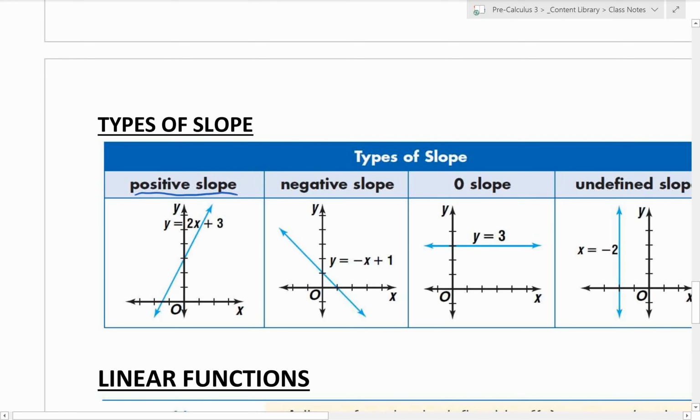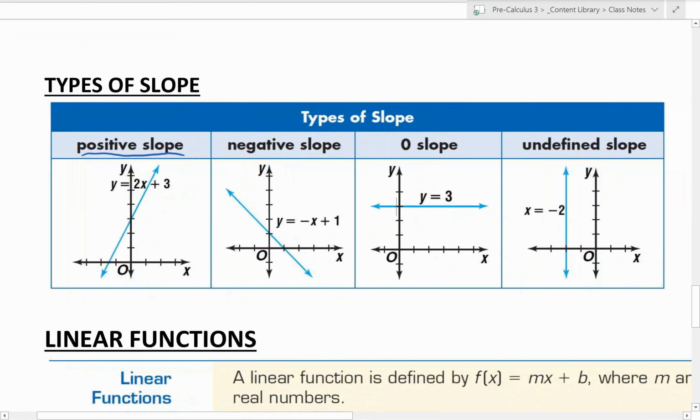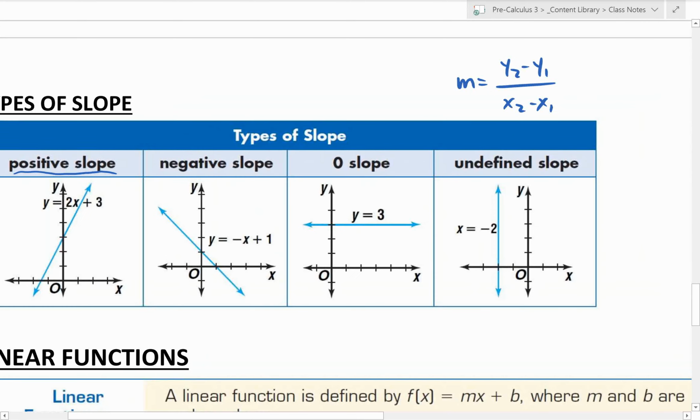Then the last is if you have an undefined slope. This one's a little bit weirder algebraically, but what we mean is that if you have y2 minus y1 over x2 minus x1, and the two x coordinates are the same, then x2 minus x1 cancels out. So if x2 equals x1, you'd get some number on top, delta y, but you would have 0 in the denominator.